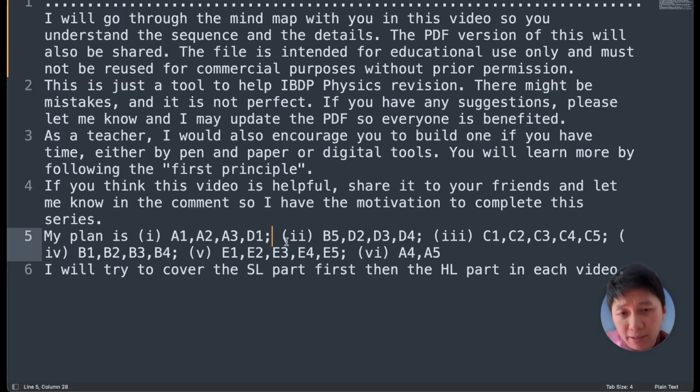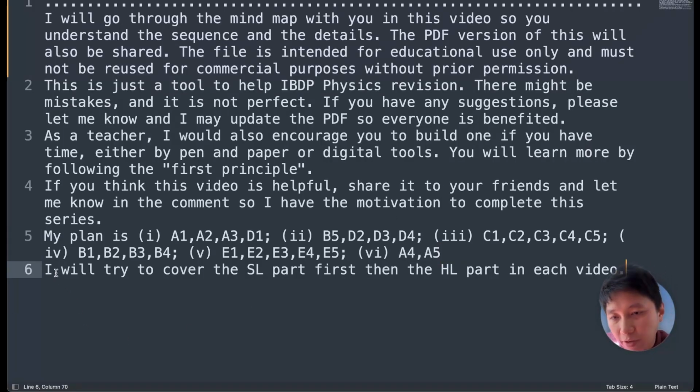So we'll go for the mechanics, and then hopefully, if I don't procrastinate, we'll get to the electricity and magnetism part, and afterwards the waves, and then the thermal, and at last nuclear physics. And at last, the HL part for the mechanics: the relativity, and also rotational kinematics.